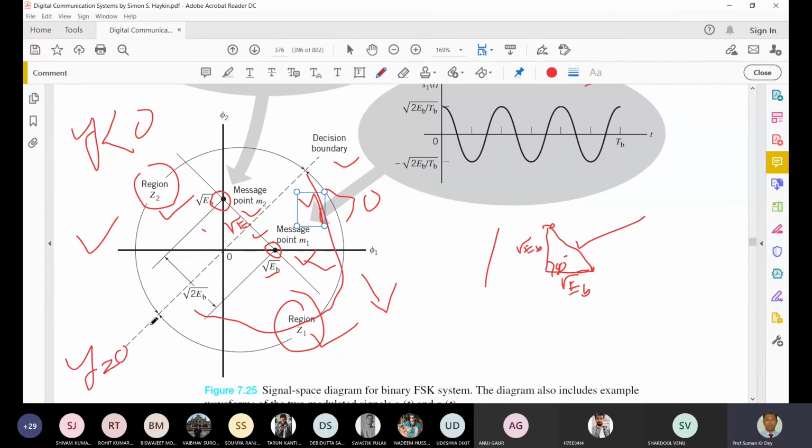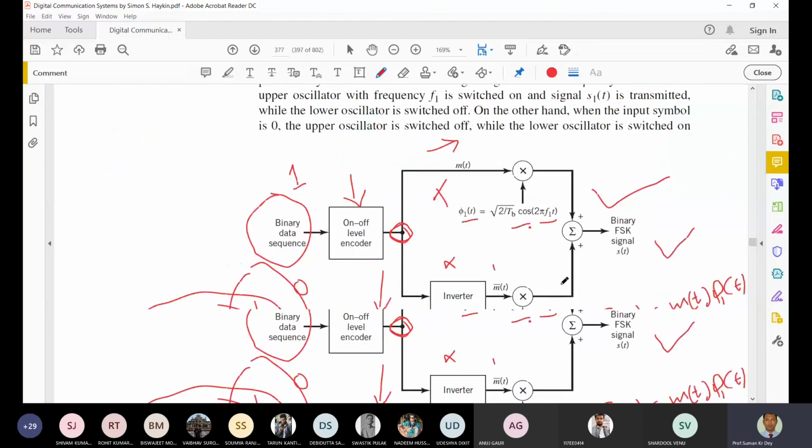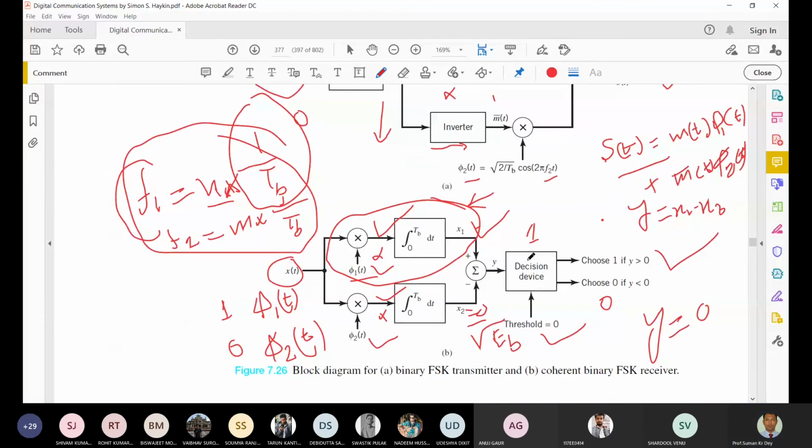when y equals 0, that means the data is on the decision boundary. So any point on the decision boundary, the signal belongs. So in that case, what decision should the decision device at the receiver take? Anyone?